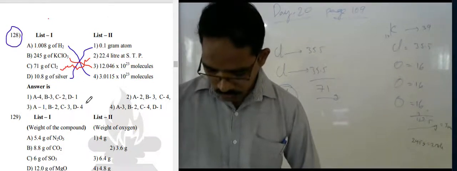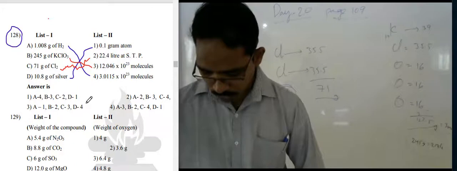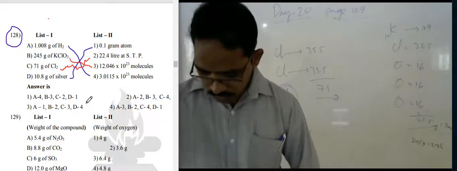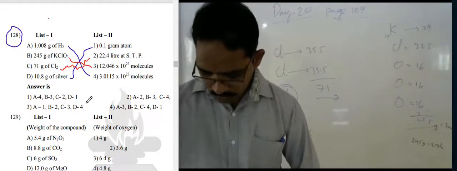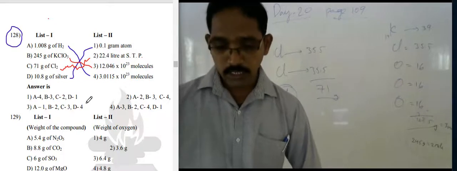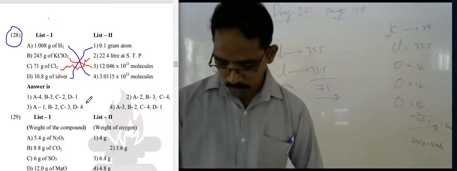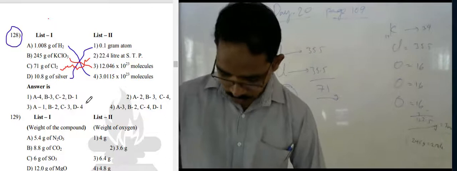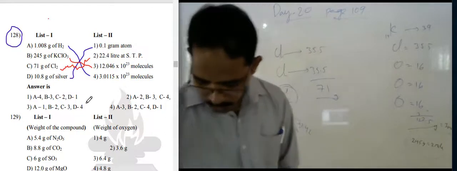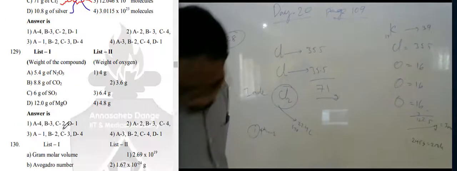Weight of the compound, 5.4 gram of N2O5. Then weight of oxygen. Shall I explain 129? One option I will explain.